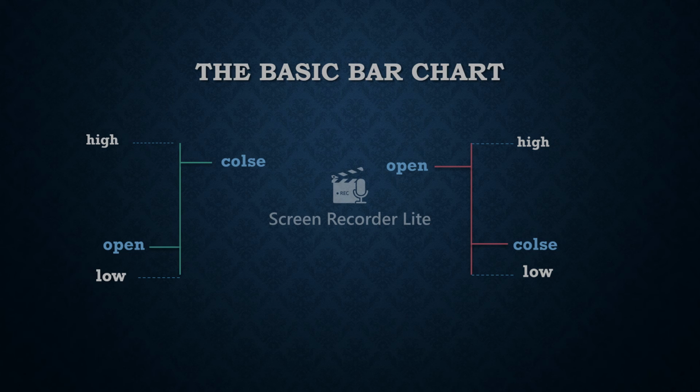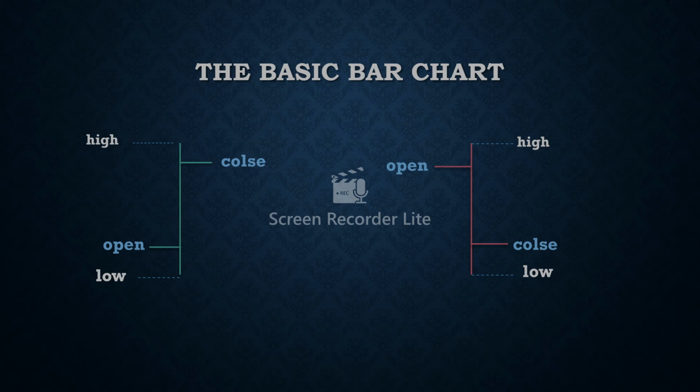Are you ready? Okay. This is a green candle, and we say bullish candle. And this is a red candle, and this is a bearish candle. This is a green candle. What is that?